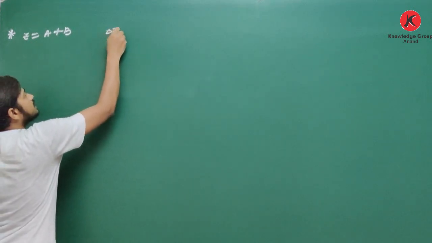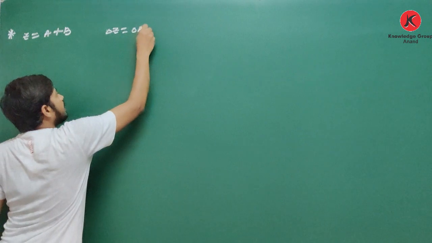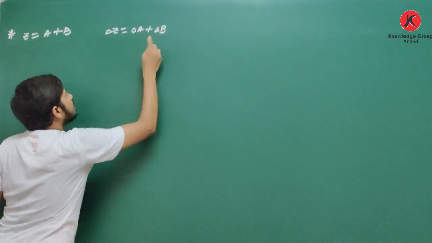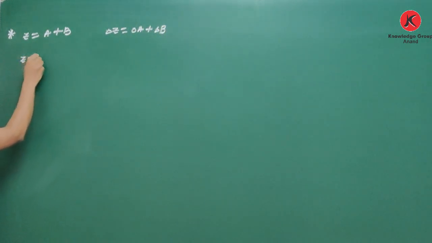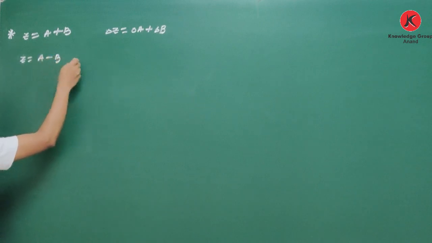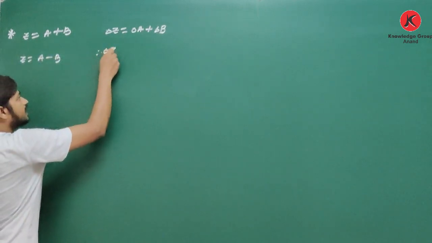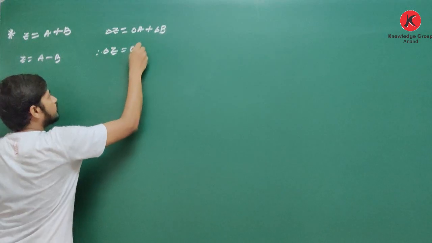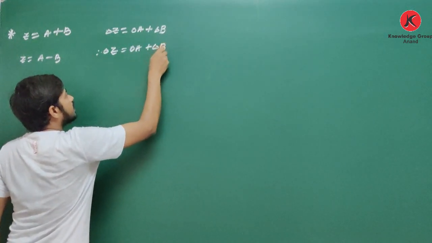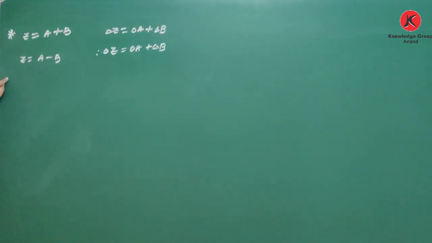That is delta Z is equal to delta A plus delta B. If Z is equal to A minus B, then what is the error in Z? Delta Z is equal to delta A plus delta B. In these two cases, it is addition of absolute errors.